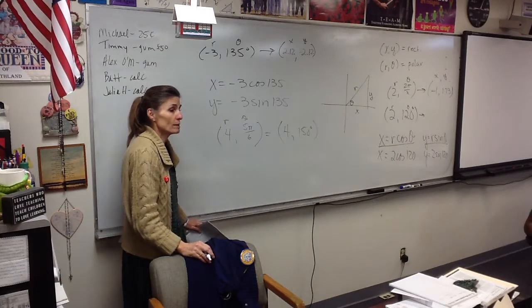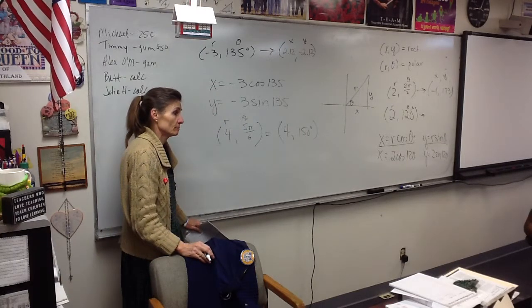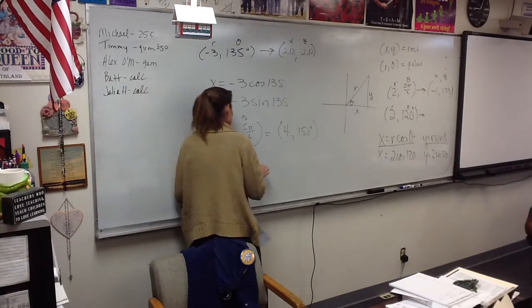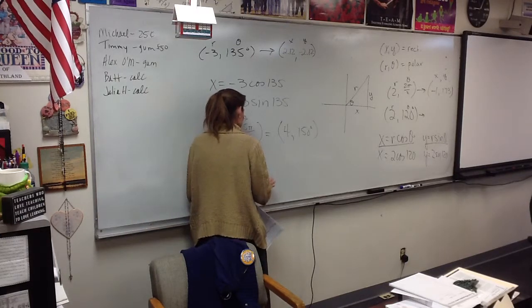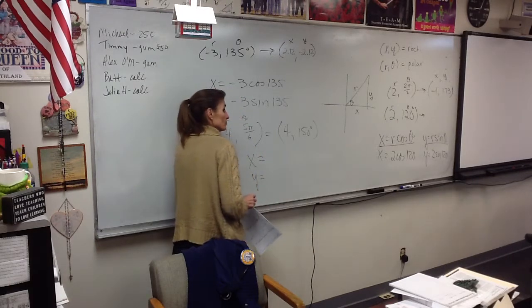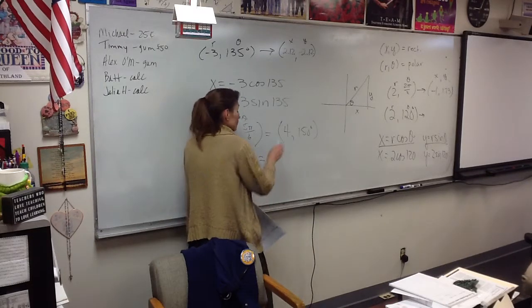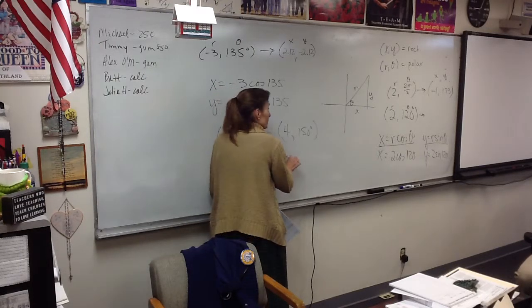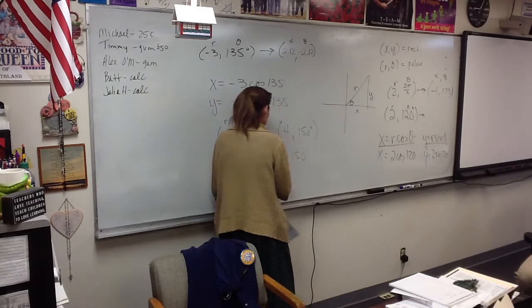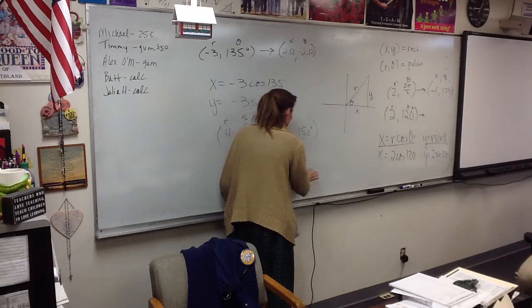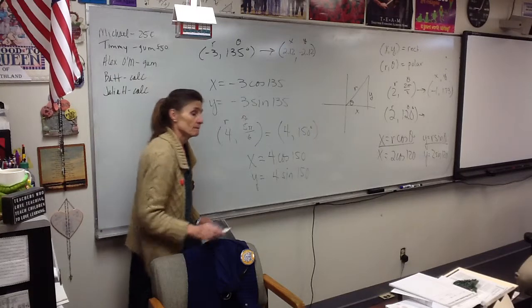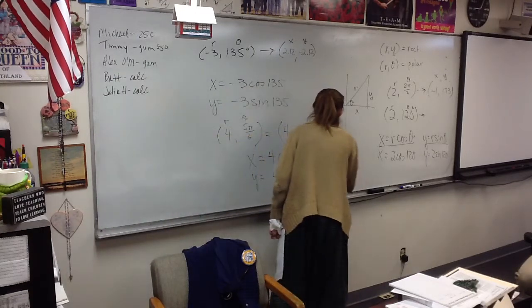Now, you are going to find x. Right? So Suzanne, what does x equal? How do I find x? Do r cosine. So for our problem, it would be 4 cosine. Yep, and y would be the same, only a sine. And we just type those into our calculator. And who's got an answer for me?